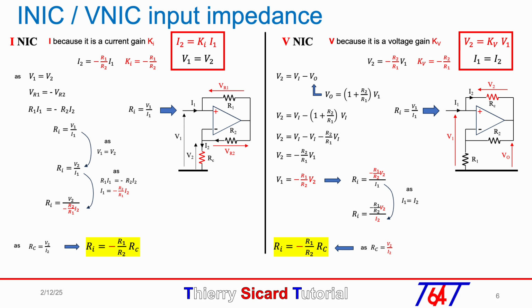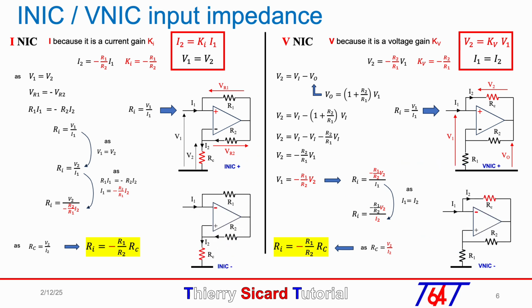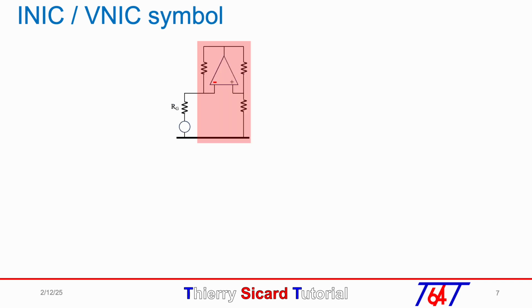But there are two other schematics of INIC and VNIC with the input on the inverting input called INIC minus and VNIC minus. The others are called INIC plus and VNIC plus. Here we are focusing on the NIC minus type.